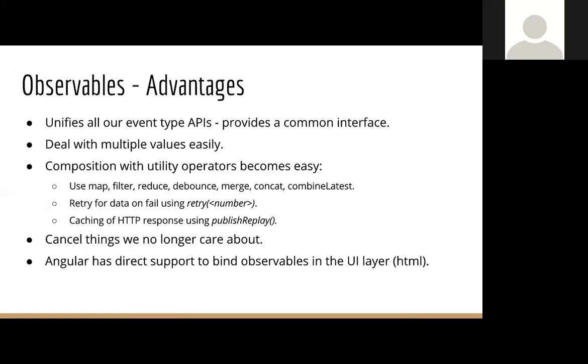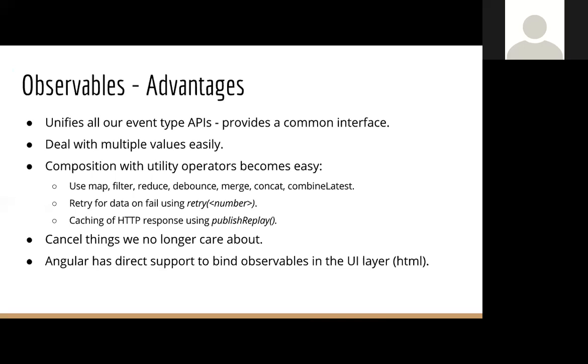You can have some functions like retry. Suppose you are doing an HTTP request and the request fails, then you can specify dot retry and then a certain number. Suppose you specify 5, then it will keep on retrying up to 5 times. Every time you do a request, it fails, it retries.